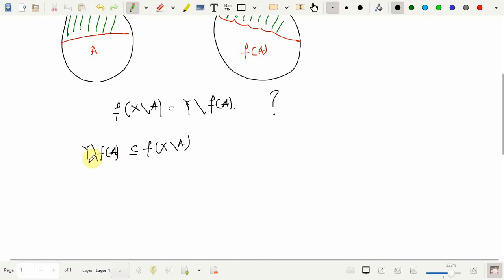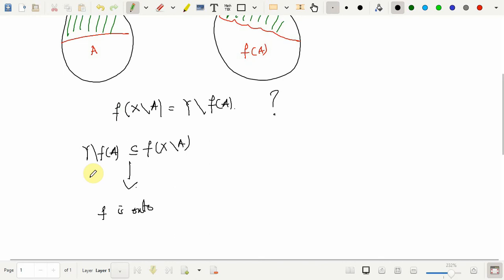For this to happen, any element in Y difference f of A should be an image of X difference A. For this to happen, you will see that the condition required on f is that f has to be onto.